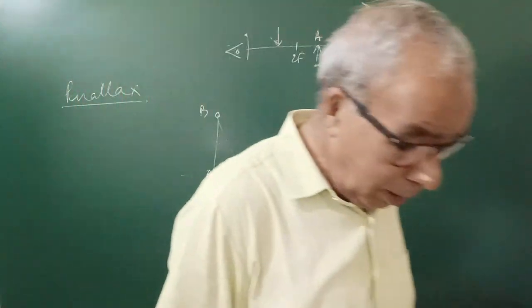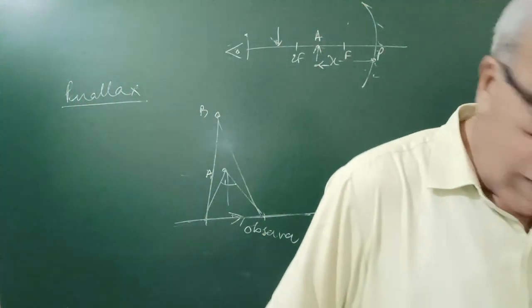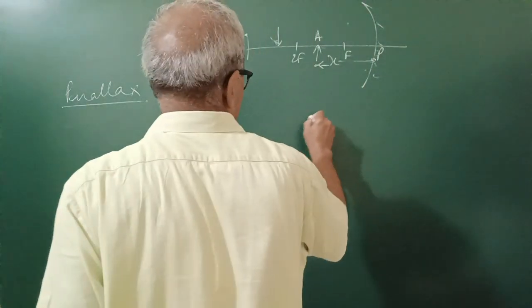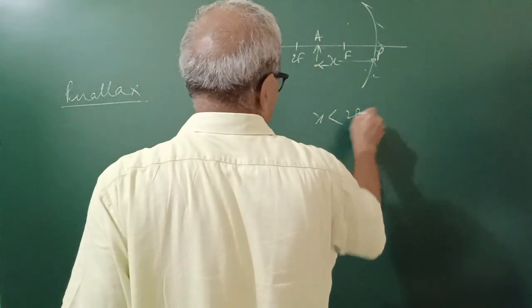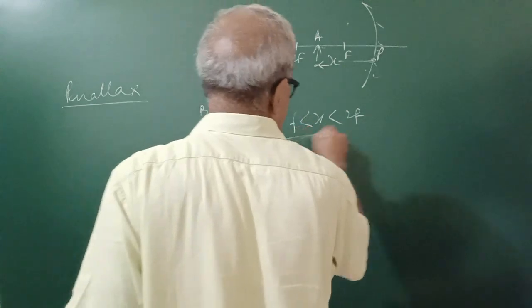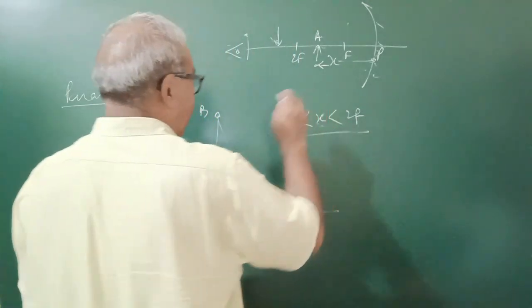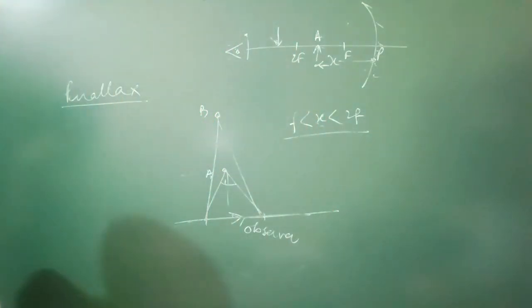So here it will be x less than 2F और F less than x. तो ये इसका parallax. Please try to understand parallax.